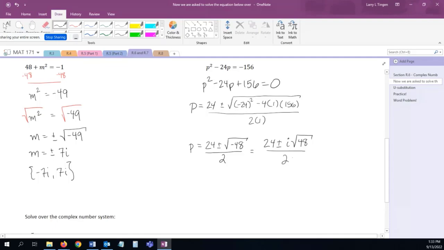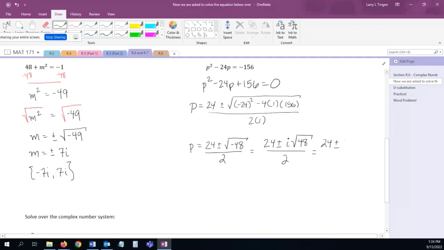And then, okay, as long as we remember to bring the i along with us, now this is an old problem. Square root of 48. 48 is 8 times 6. It's also 16 times 3, right?